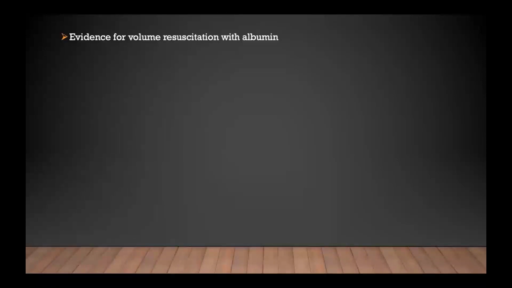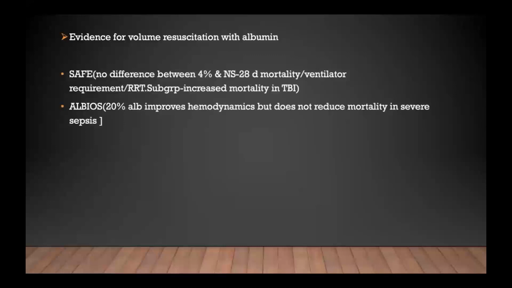So, who will give me the evidence for volume resuscitation with albumin? ALBIOS trial and SAFE trial. So, what did they say? In the SAFE trial, they compared saline and 4% albumin, but there is no much mortality benefit.